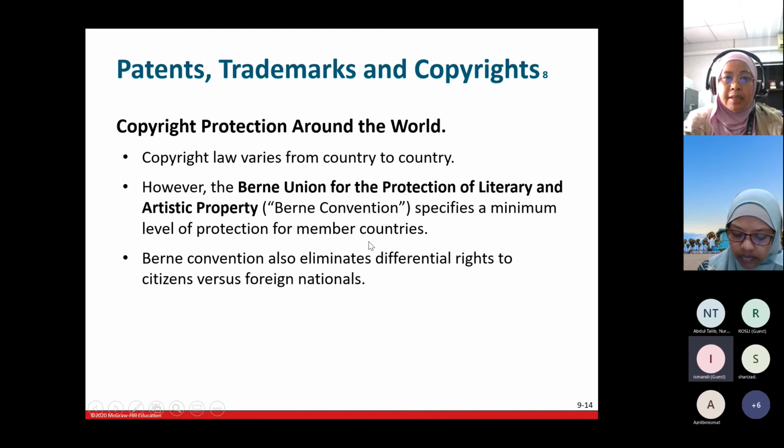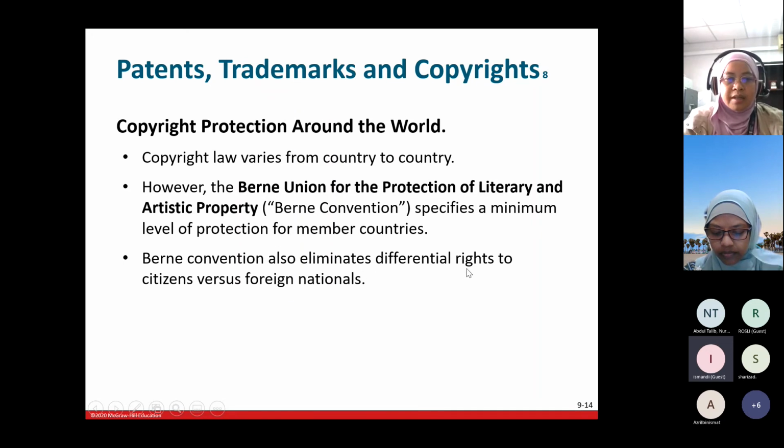When we say member country, it means that not all countries around the globe actually sign or are protected under this law. The Berne Convention also eliminates differential rights for citizens versus foreign nationals.